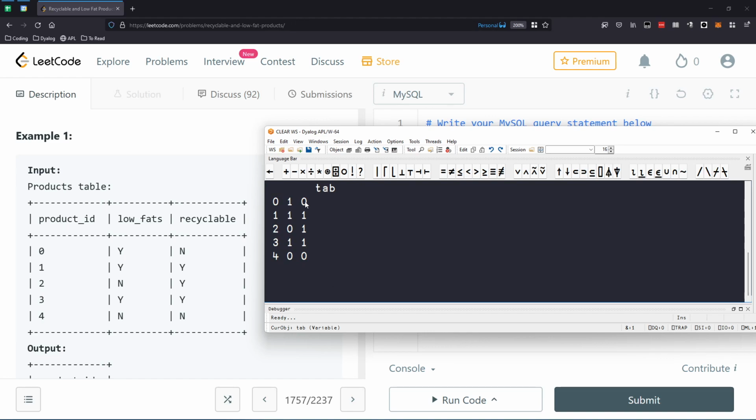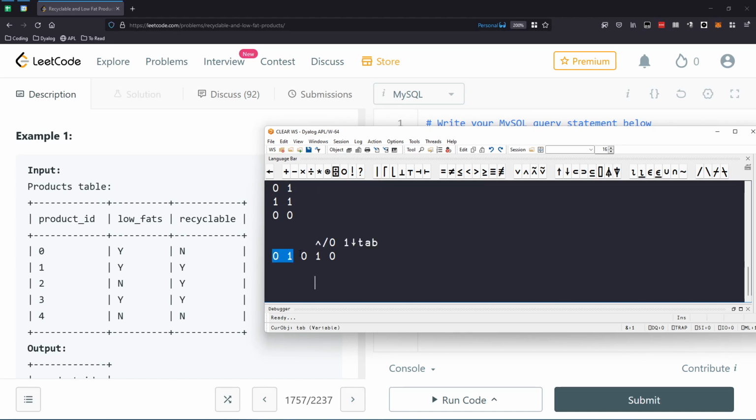And now what we need to do is figure out which products are both low fat and recyclable. So in this particular case, we can drop the first column, so we get rid of the product IDs. And now we need to check which rows are both low fat and recyclable. So we want to do an and reduce along the rows.